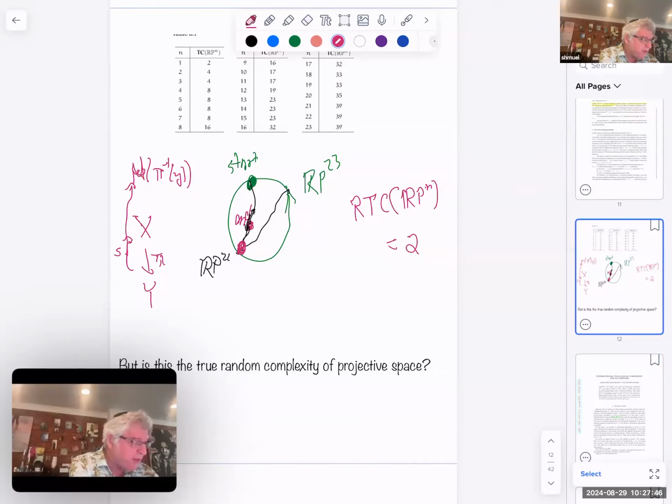I guess M would be a good name for that. Obviously, if I allow all measures, then all the fibers become contractible spaces of measures, as long as it's not the empty set. So these should be probability measures. Then all of a sudden, this becomes a doable problem.